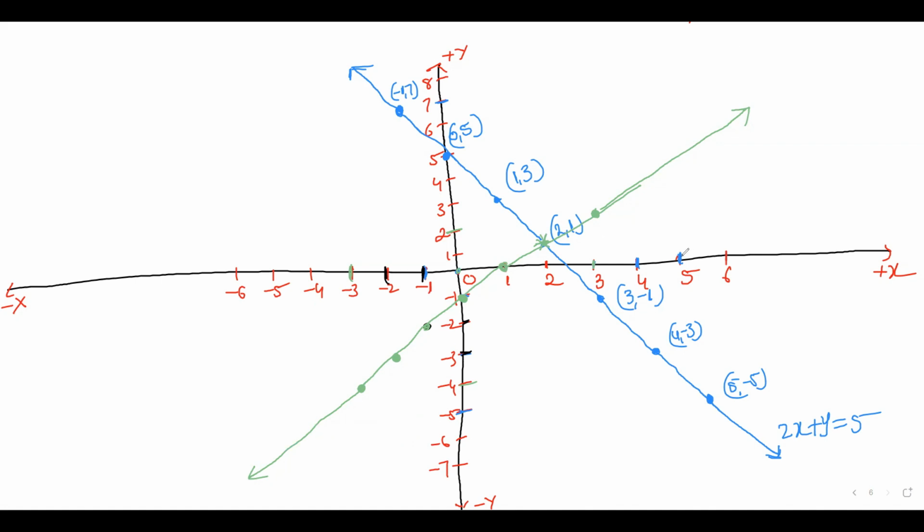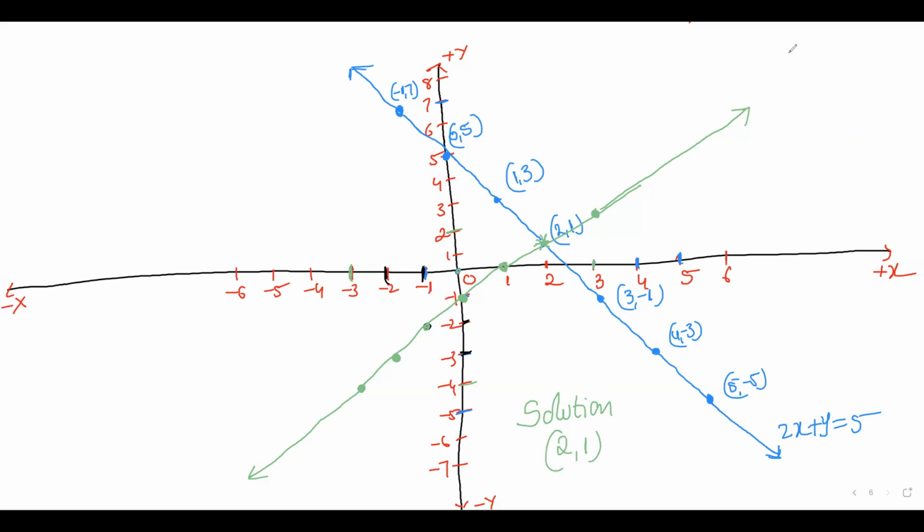Similarly here, 5 comma 4, the next point will be included. So always make a habit of extending the line. Now both lines are intersecting at 2 comma 1, so the solution of these two lines is 2 comma 1. It has a unique solution.